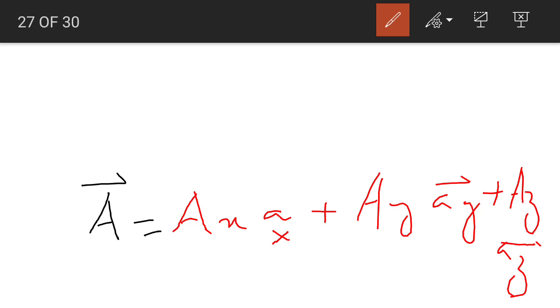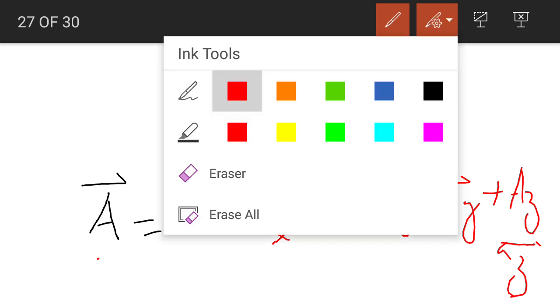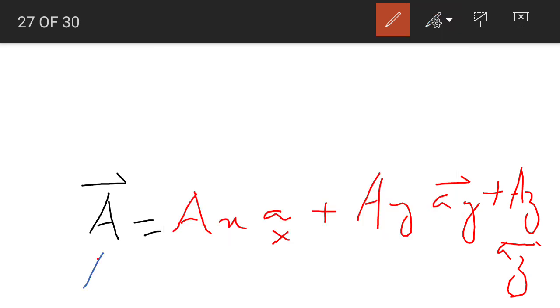If you want to represent this vector in the spherical coordinate system, you will have to calculate the r component of this vector, I mean the component which is in the direction of the unit vector a r, the component in the direction of the unit vector a theta, and the component in the direction of the unit vector a phi.